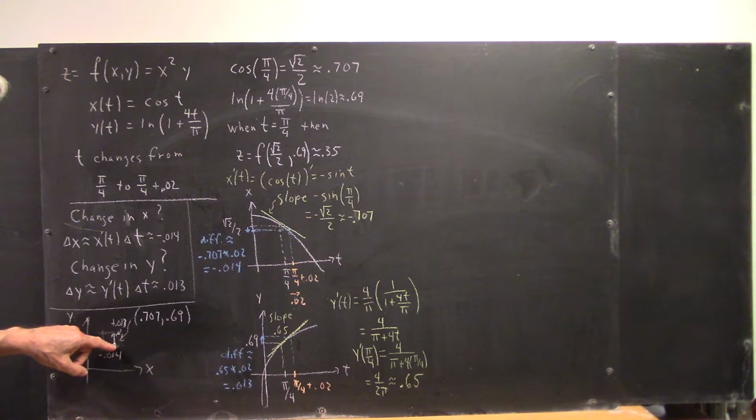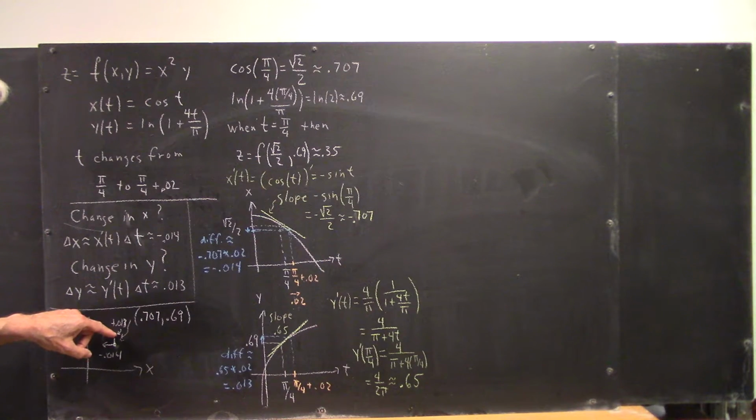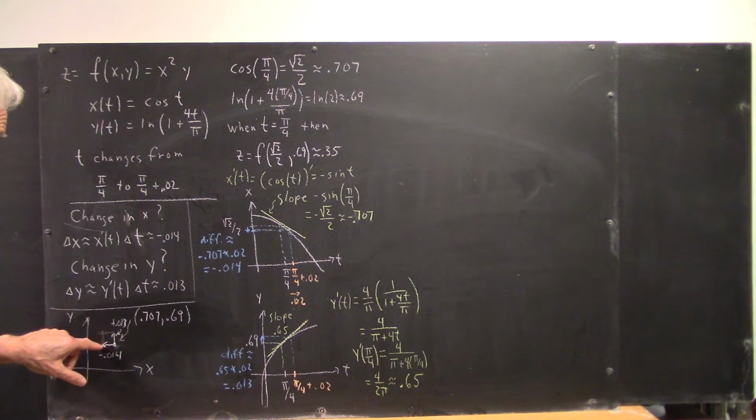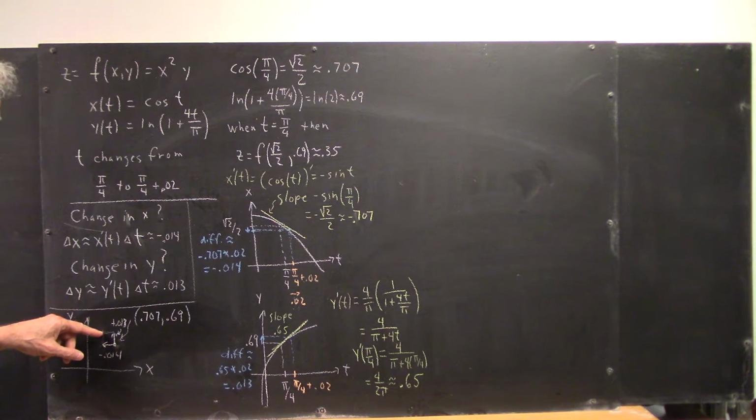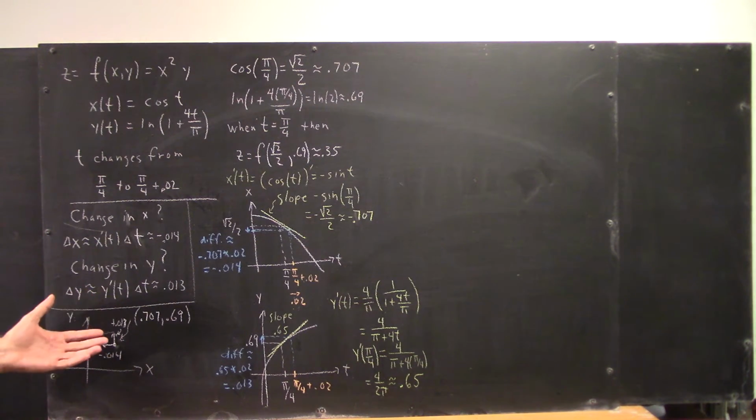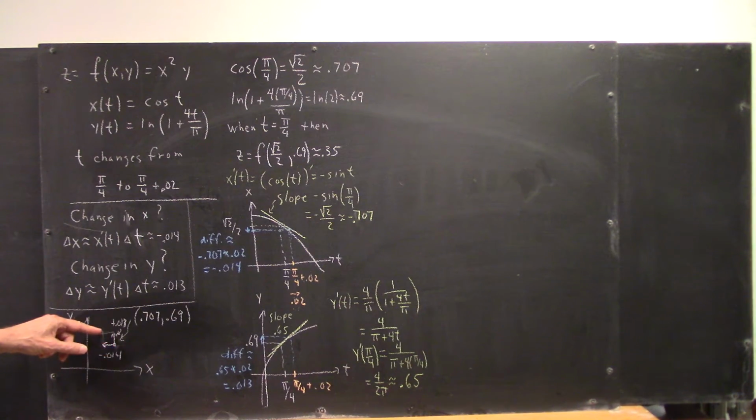So if we add the change in z due to this movement plus the change in z due to this movement, we get something very close to the change in z if we move from this point to this point.